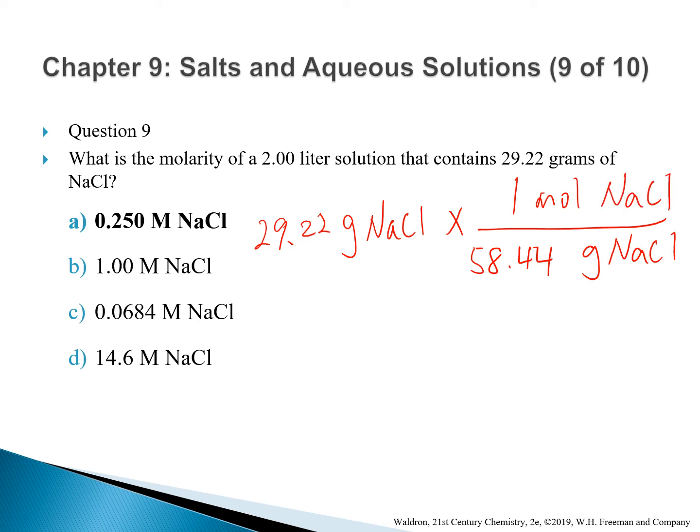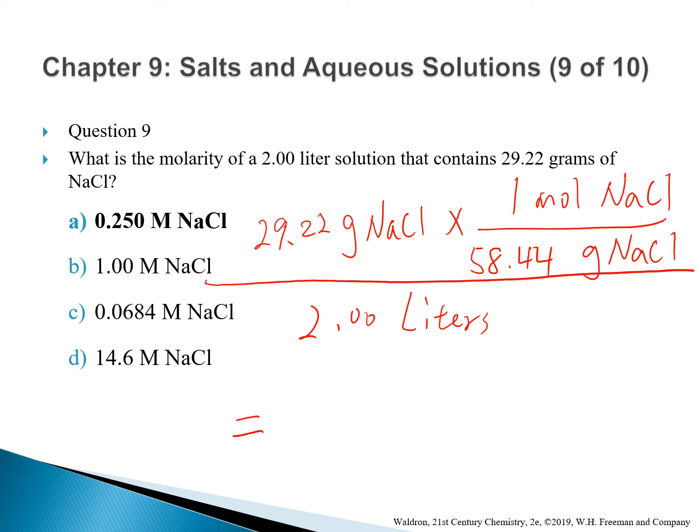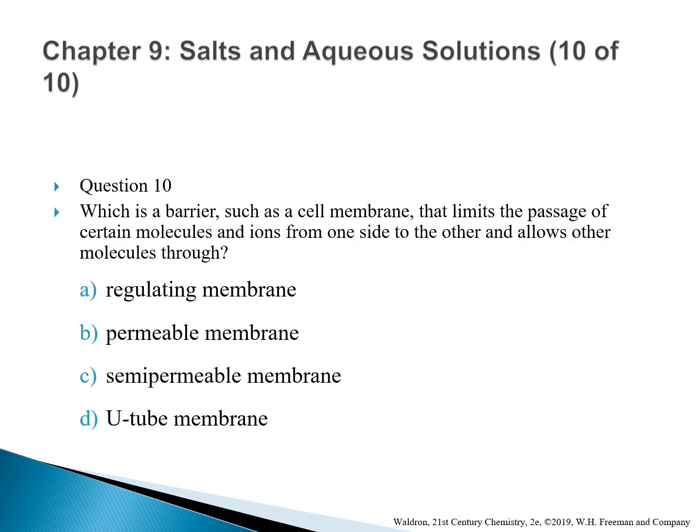From the definition, molarity is moles of the solute over liters of the solution. Therefore, we're going to divide the moles of the solute by 2.00 liters of the solution. That gives you 0.250 molar sodium chloride.